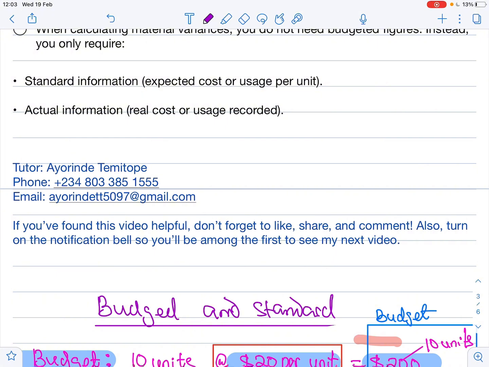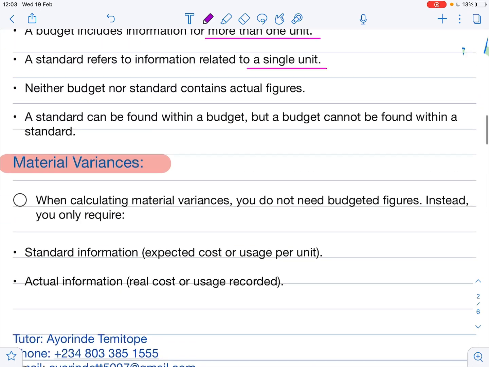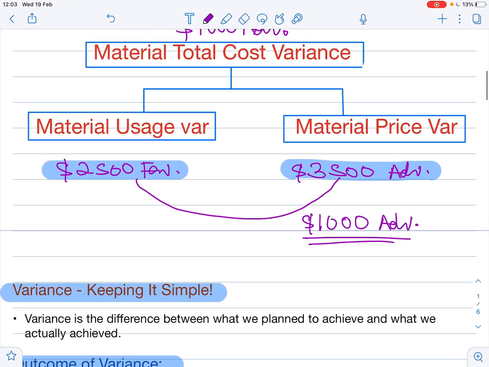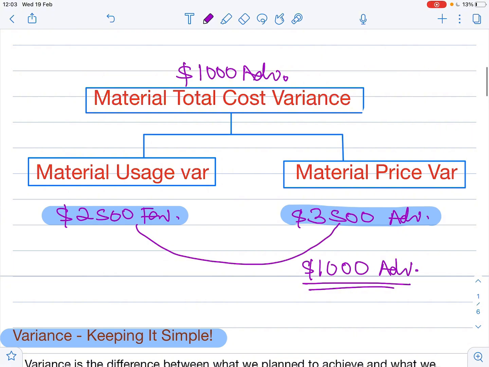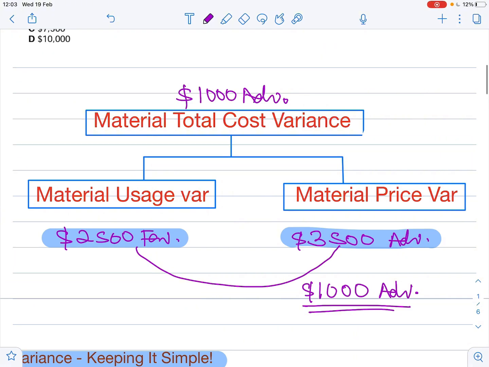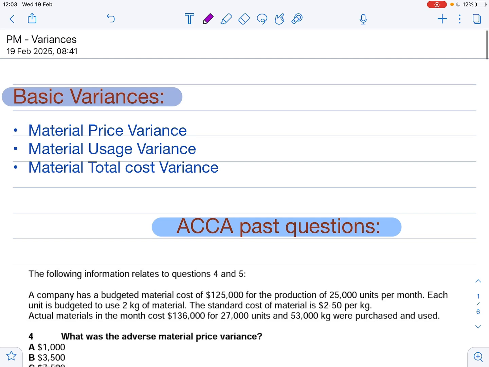I also hope to cover things like advanced variances, planning and operational variances, which I know might be a concern for quite a number of students. But if you do not know the basic variances, planning and operational will be a problem, because planning and operational variances will break these basic variances into different components. The parts that the manager has control over, and the part that the manager does not have control over.